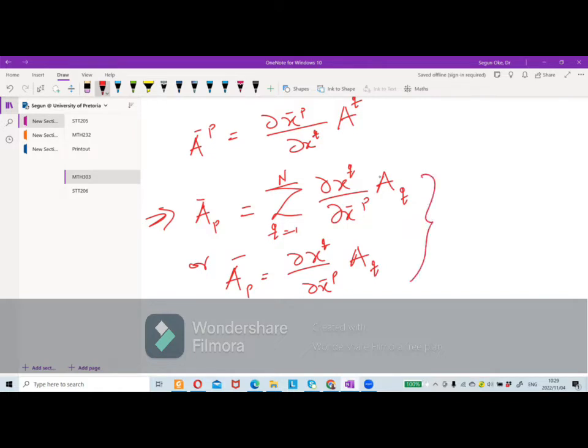We call this a component of a covariant vector, or covariant tensor of the first order.